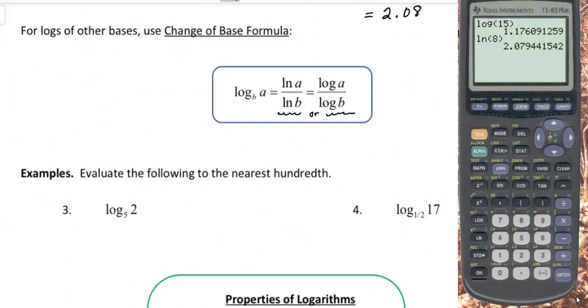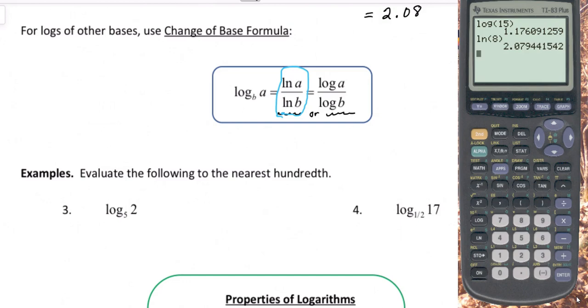You basically just have to pick whichever one you like the best. I typically favor this one, I don't know why, there must be a reason. At some point I decided that I favored this one. So I usually take any base that I need this formula for and turn it into the quotient of two natural logs.